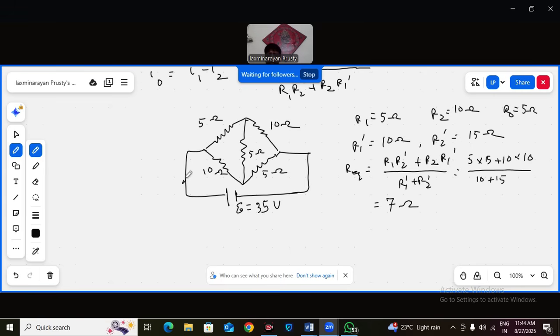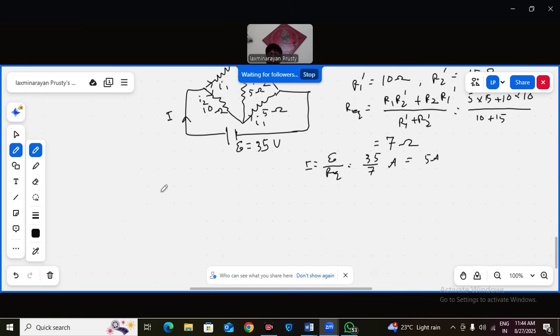So what is the capital I then? E by R equivalent, 35 by 7 ampere, that is 5 ampere. And how are I1, I2 divided? R2 dash by R1 dash is 15 by 10, 3 is to 2.